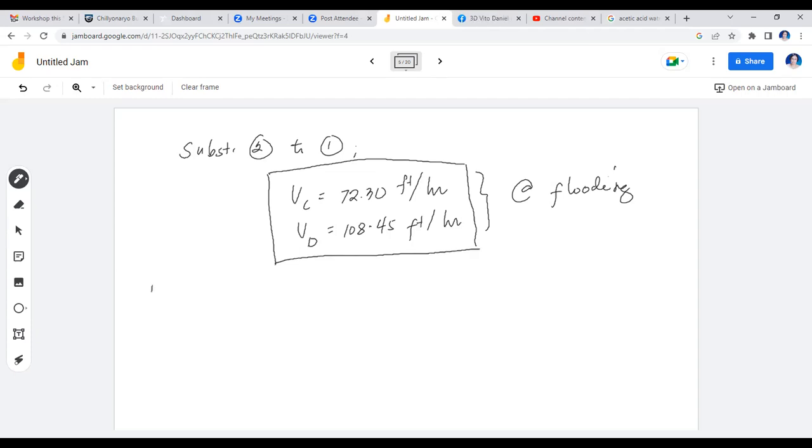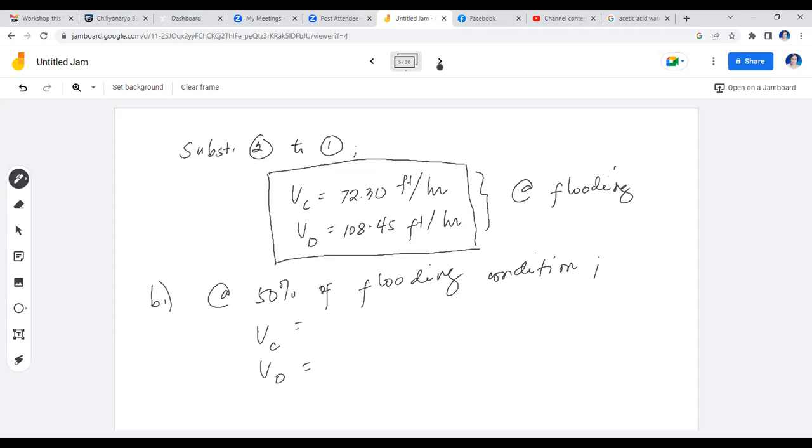For letter B, you're going to use only 50% of these values. So at 50% of flooding conditions, your V C and V D will have these two values.